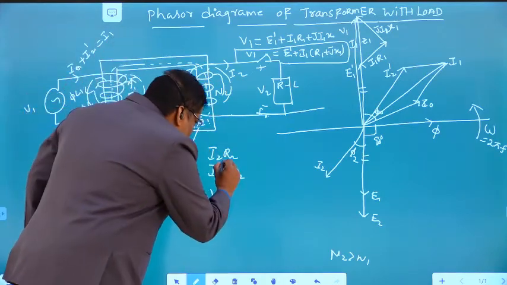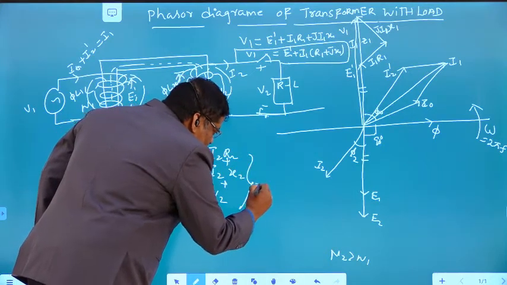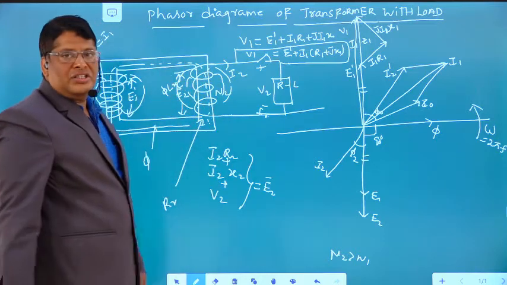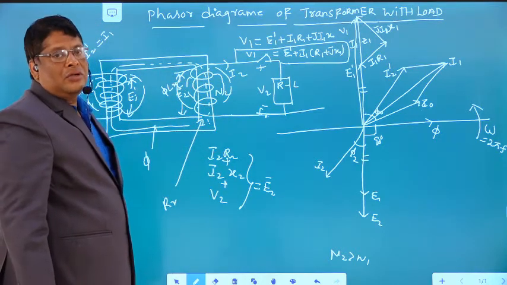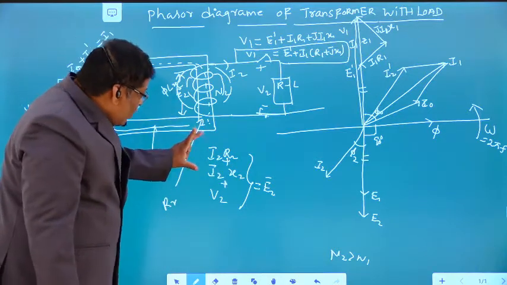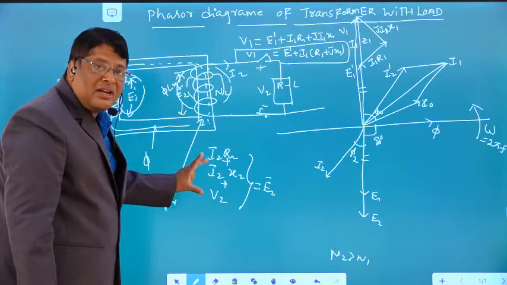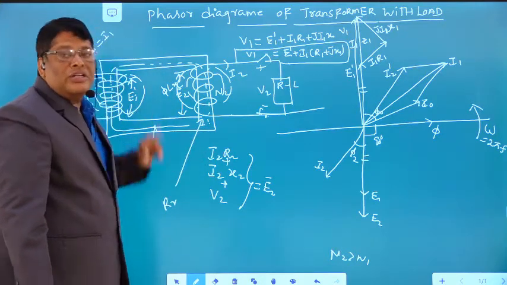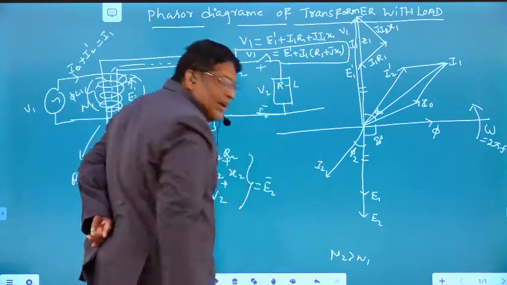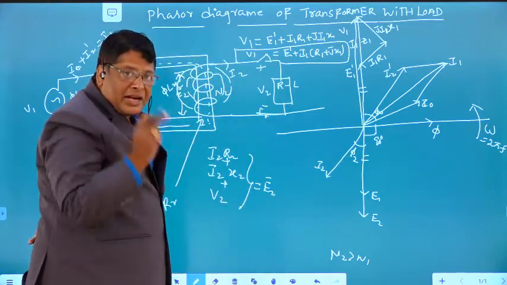If we add the three quantities, this is equal to E2. We have to add three physical quantities which are sinusoidal quantities. Now E2 is there here. We apply an inductive load.